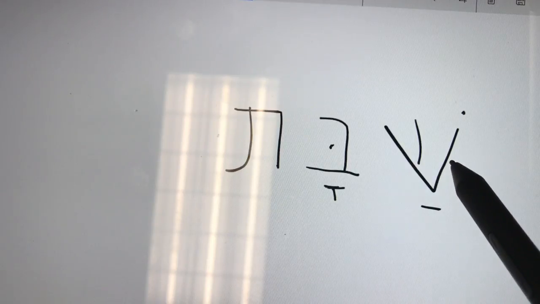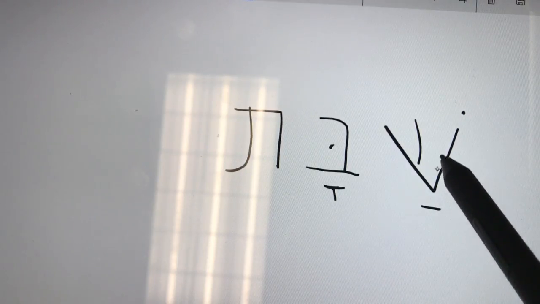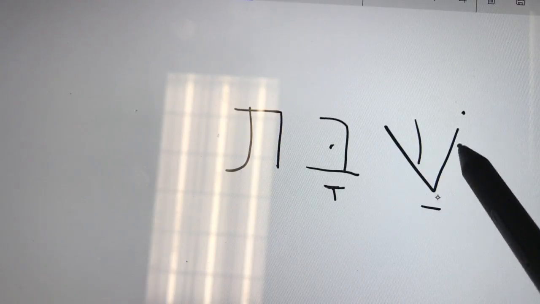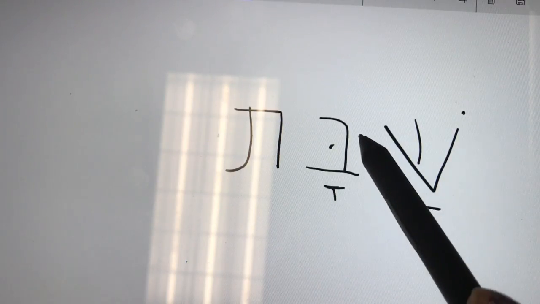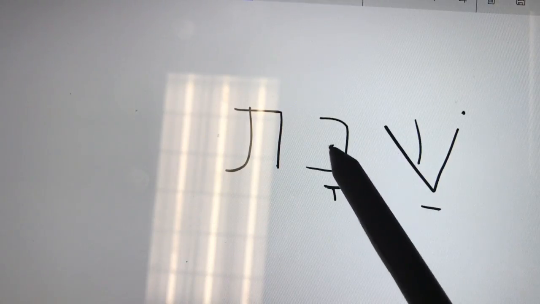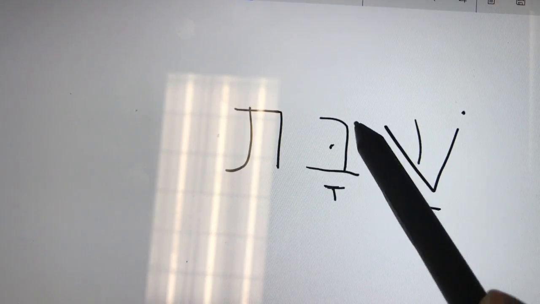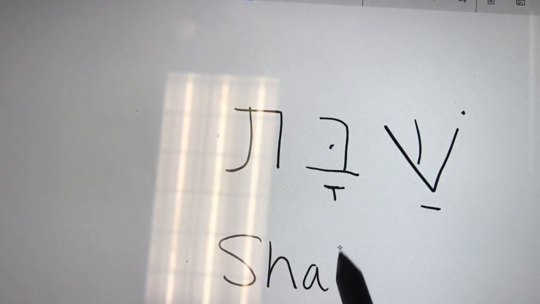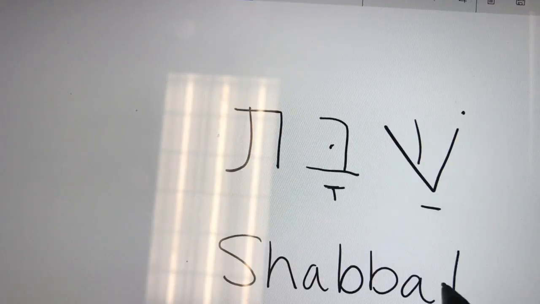Let's do it a little bit faster, and let's blend the sounds for the vowel and the consonant together. All right, so sha, ba, t, sha, ba, t. Shabbat. Very good, very, very good. So we got Shabbat.